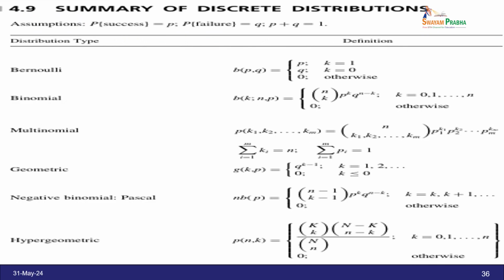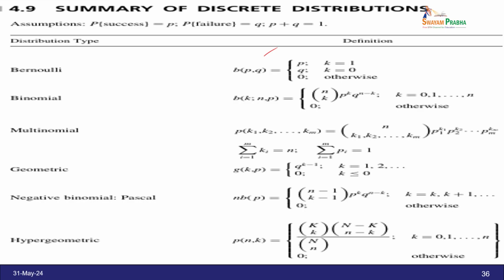Now, we have a summary of the discrete distributions we have come across. P stands for success and Q stands for failure, so P plus Q is 1. Number 1 is the Bernoulli distribution, denoted by B of P comma Q, P for success, Q for failure, and 0 otherwise.